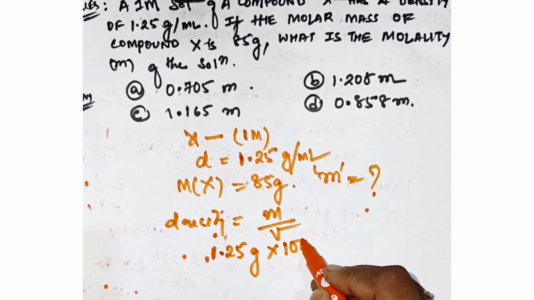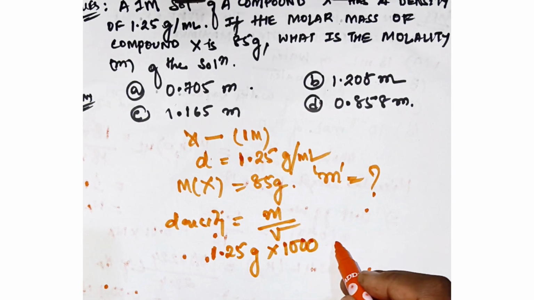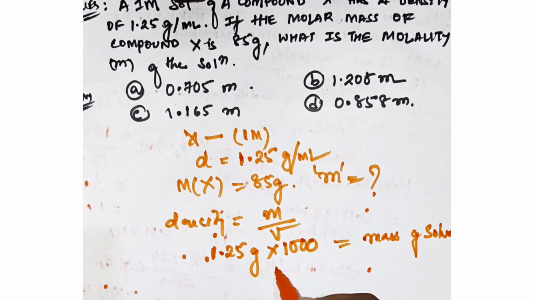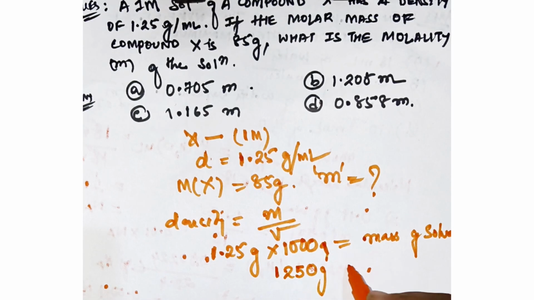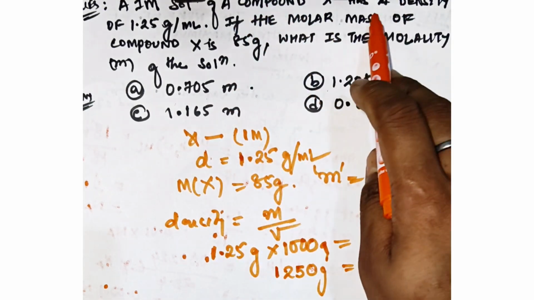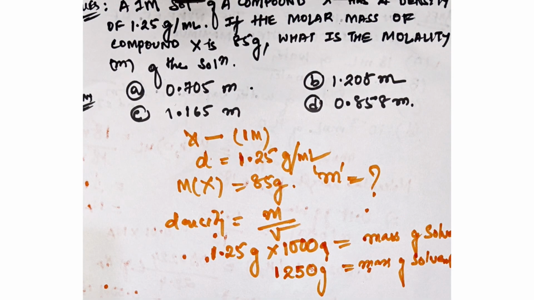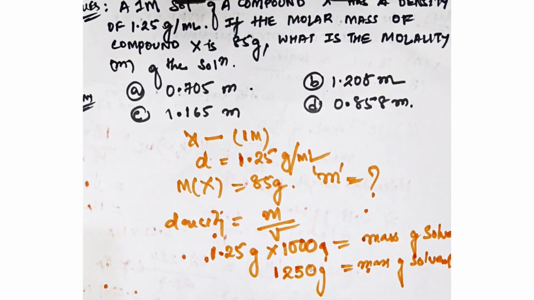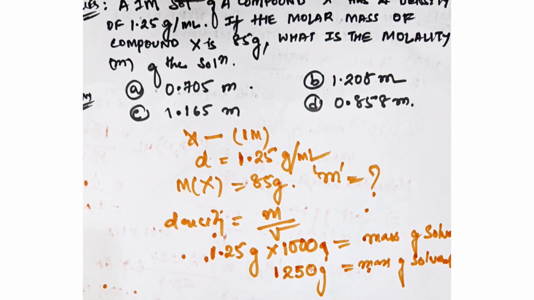Volume is 1000 ml. Then it comes here, you have the mass of the solution, which comes to be 1250 gram. Now 1 molar compound X is dissolved in the solvent, and you have to find the molality of the solution.